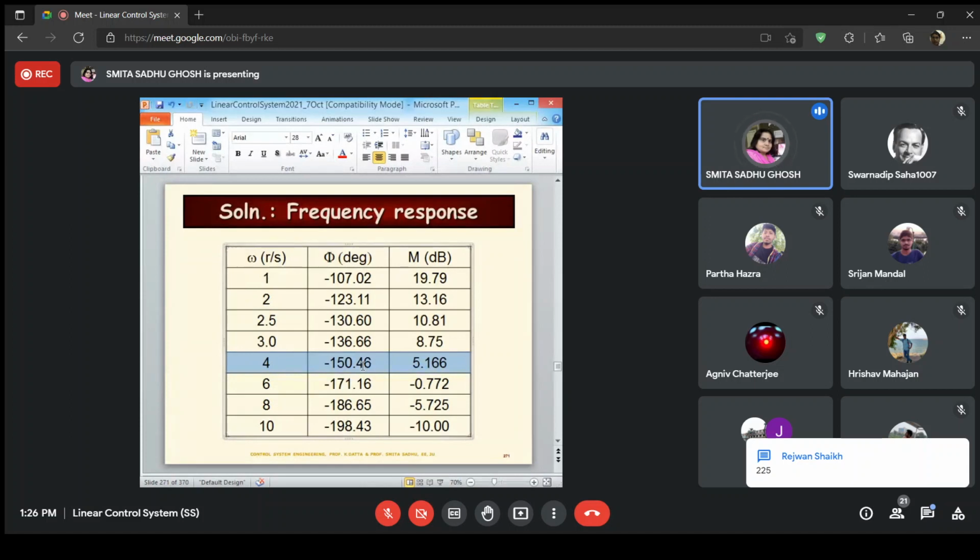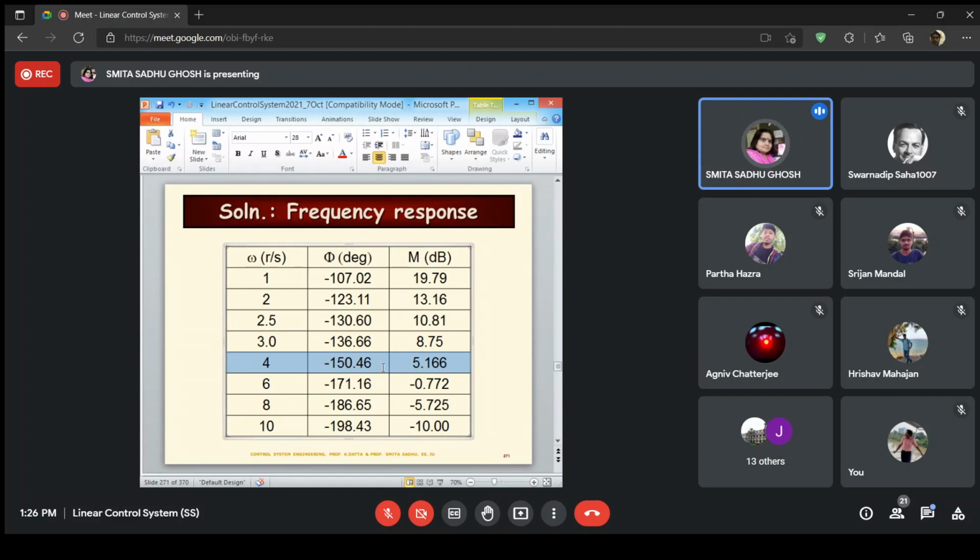No, not 225. I'm asking, if I want a phase margin of 45 degrees, how much should be the phase value?